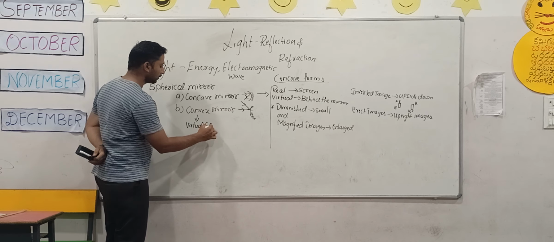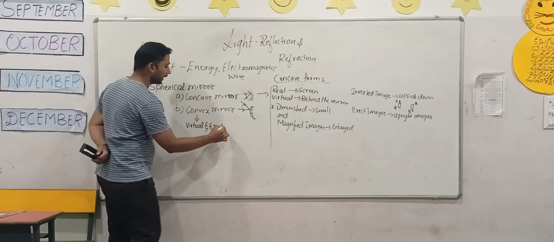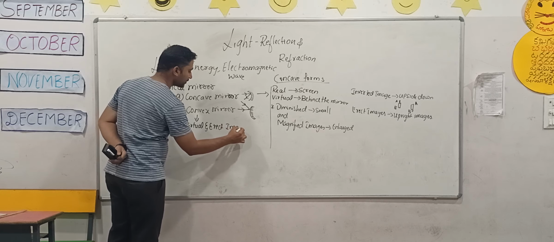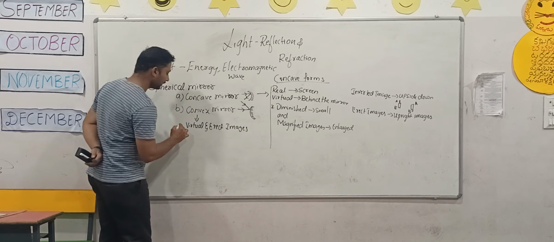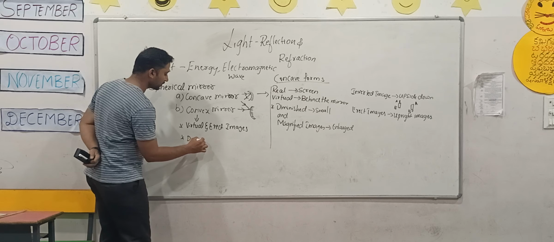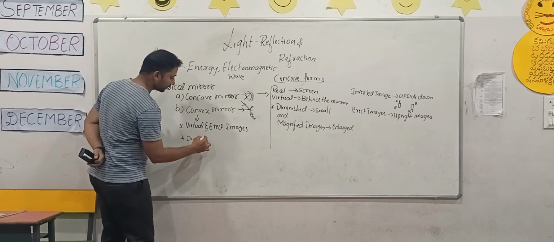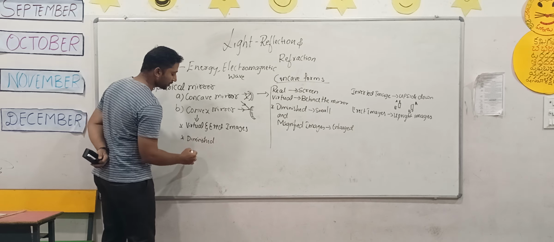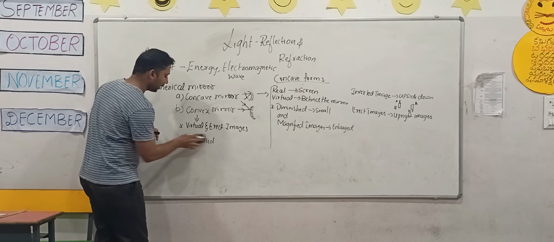And the convex mirror forms only virtual and erect images, and it forms diminished and highly diminished images.